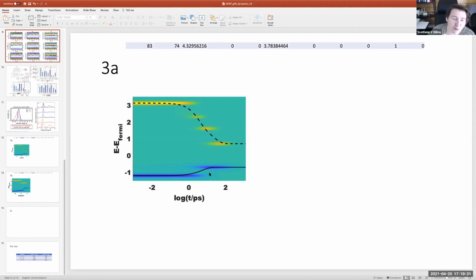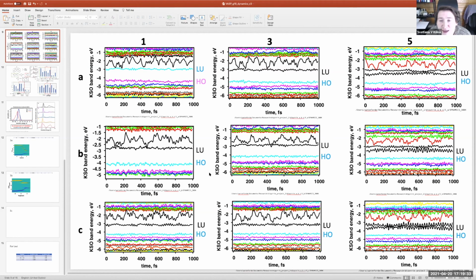You probably cut it too early, right? For 3A you clearly see a distinct LUMO plus 1, then a manifold of bands, and then again it's split by a subgap from another manifold. So these intermediate steps are probably dictated by the subgap splittings between these states or manifolds of states. Yeah, that makes sense.